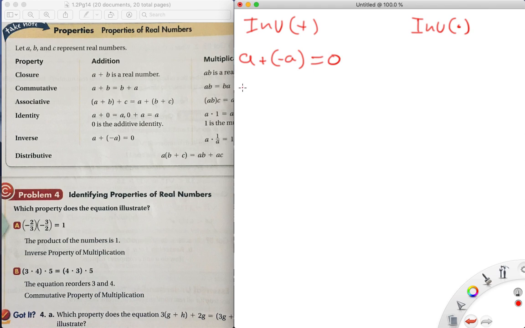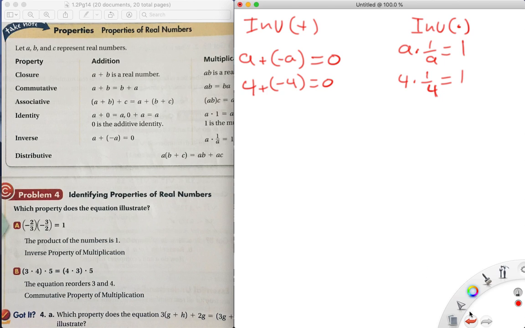So 4 plus negative 4 equals 0. Multiplicative inverse: if I have some number and I multiply it times its reciprocal, I'll always get the number 1. So 4 times 1/4 equals 1. So that's additive inverse and multiplicative inverse.